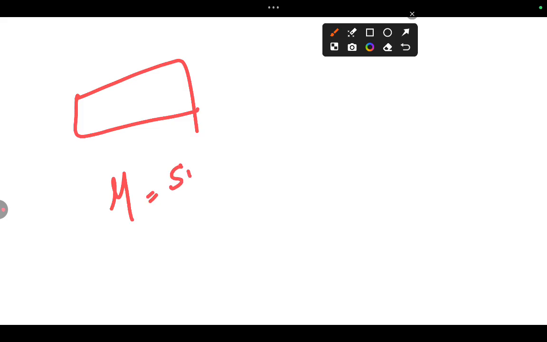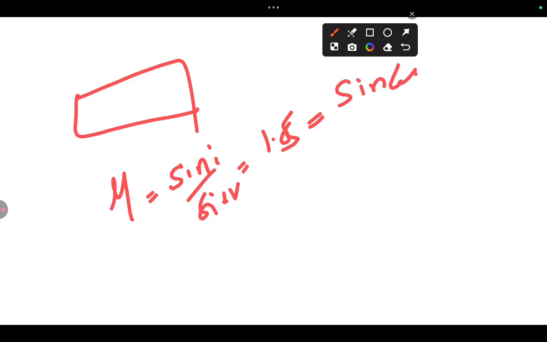It is clearly given the parallelogram slab, with mu already given. We have the formula mu equal to sin I by sin R. So 1.5 equals sin I, where the incident angle is 60 degrees, and you need to find the sin R value.